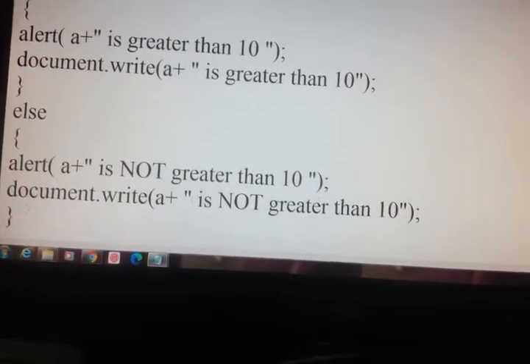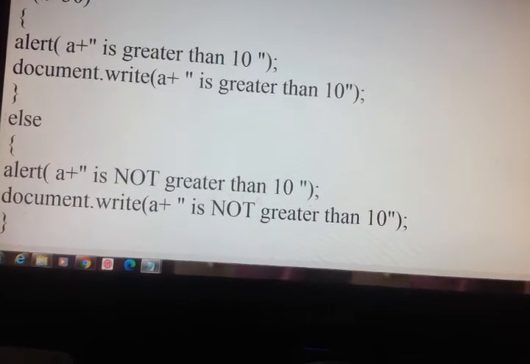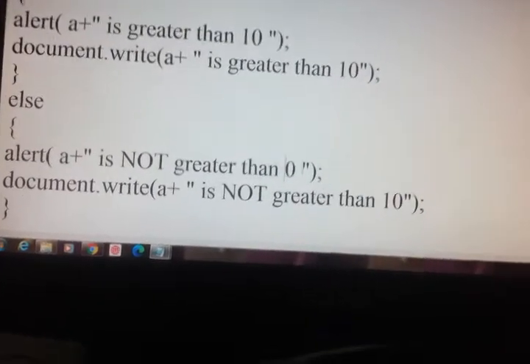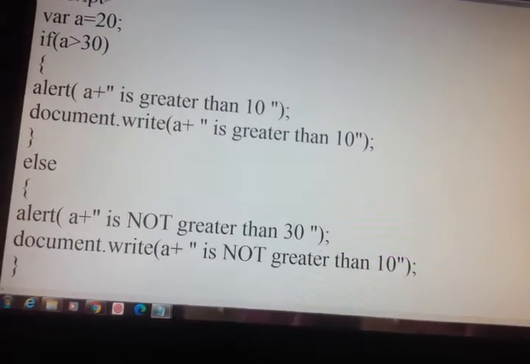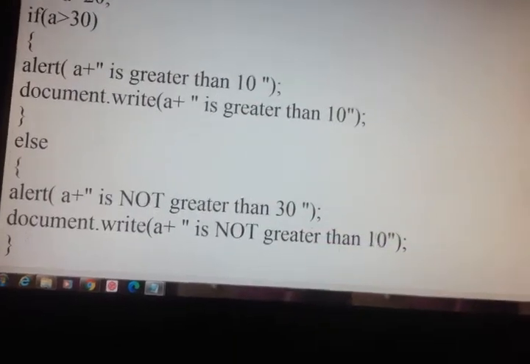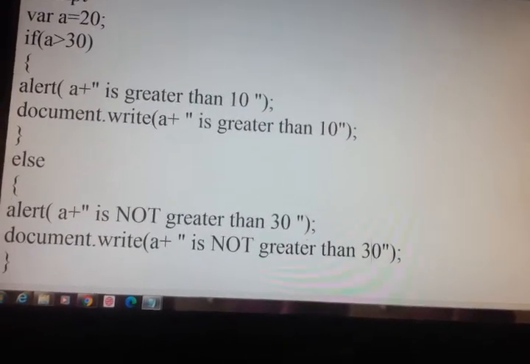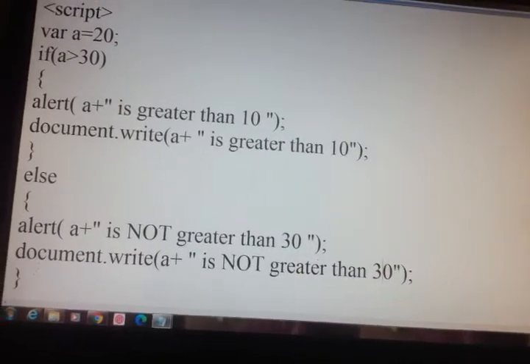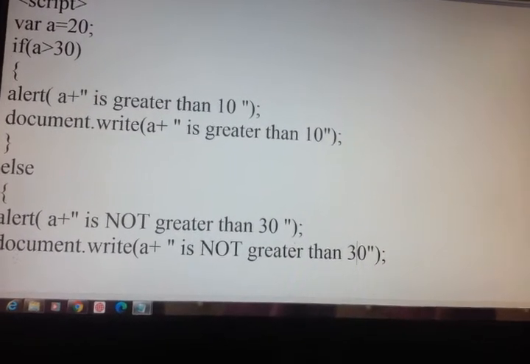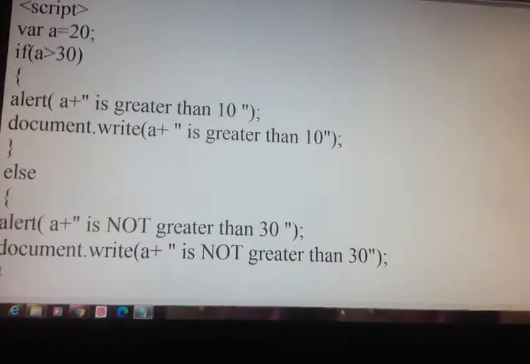So what will we get? 20 is not greater than 10 we will get. So this we have to change to 30. Even though it's in the command line, we programmers should write correctly. The documentation part should be correct. Saved.